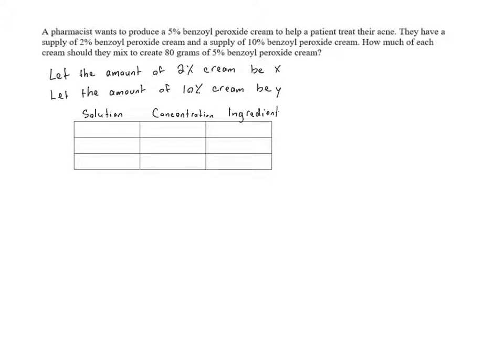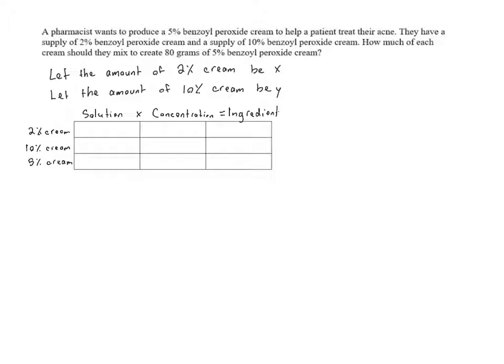And the relationship is solution times concentration equals ingredient, just like before. On the left-hand side, we'll label our rows with the different creams that are used. The 2 creams that are getting mixed that they already have are the 2% cream and the 10% cream. And when they mix them together, the goal is to end up with a 5% cream.